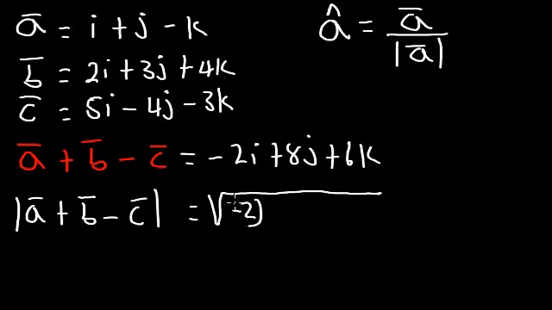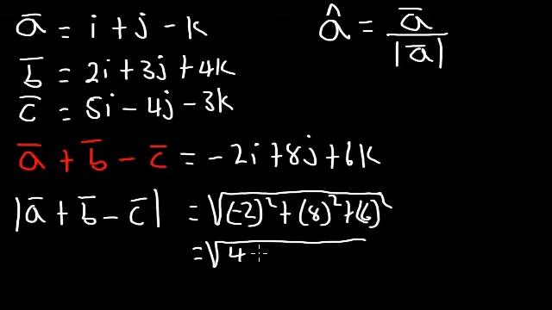All we need to do is to take the sum of the squares of all the components. So that will be the root of 4 plus 64 plus 36. So 36 plus 4 is 40 plus 64, that's 104. That's the root of 104.